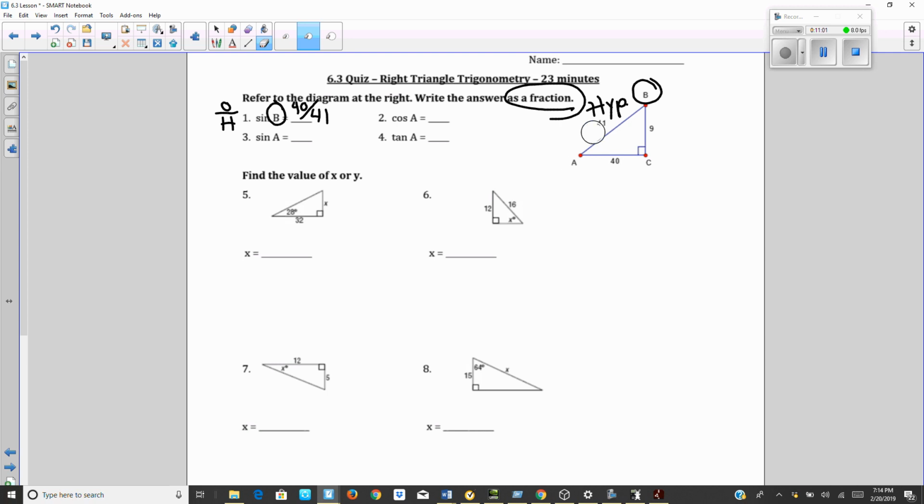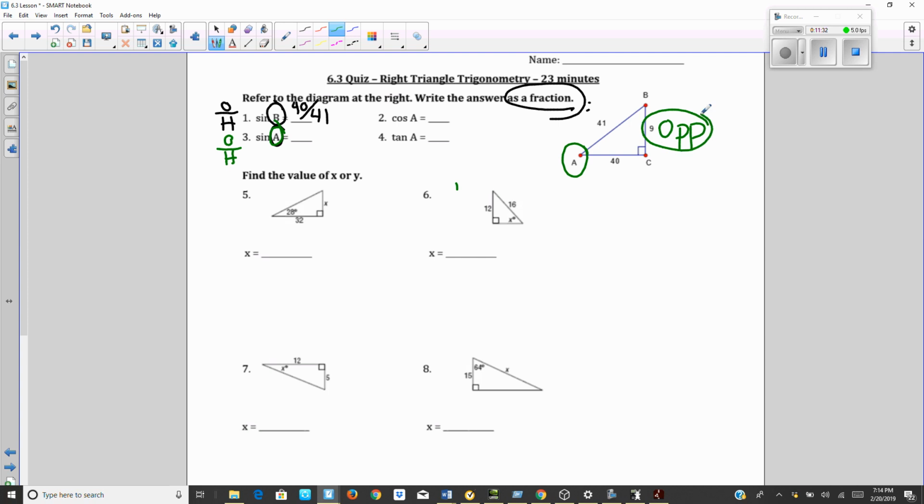The thing I'm going to erase, because on number 3, and really 2, 3, and 4, the angle in question is angle A. So that's going to change what's opposite and what's hypotenuse. It's still sine, so we're still doing O over H. And now we're focusing on angle A, which means 9 is the opposite side.